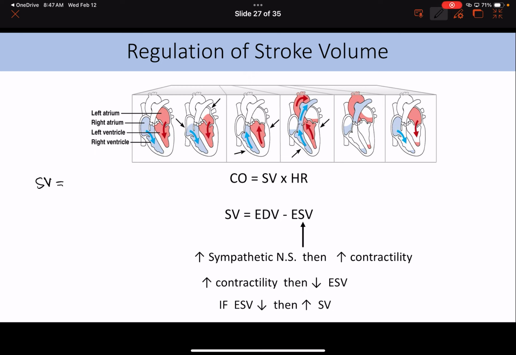Normally, our EDV is around 120 milliliters per beat, and our ESV is normally about 50 milliliters. Which leaves us with how much for a stroke volume? 70. So we start out with 120. There was 50 left over in the ventricles. That means that we ejected 70 milliliters.